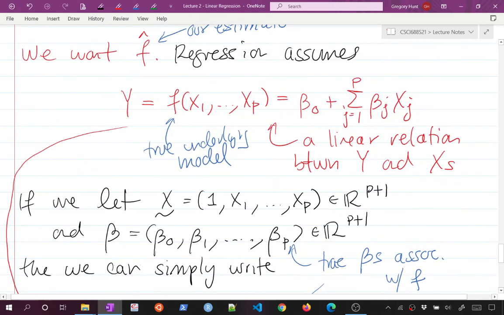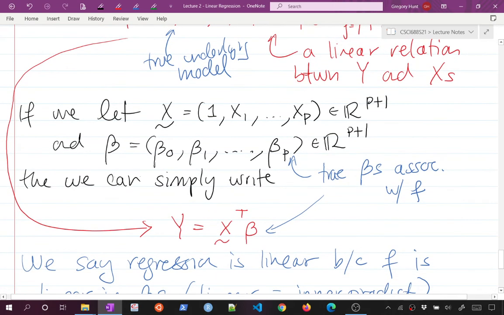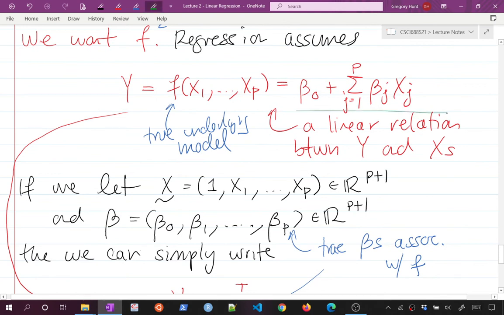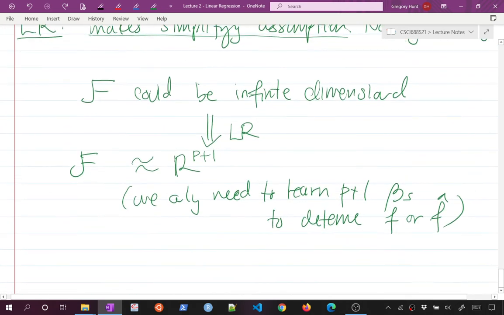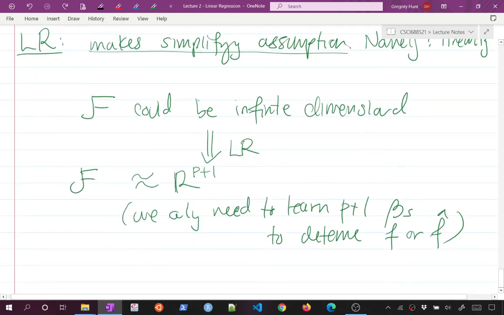In linear regression, the simplifying model that's going to make it tractable says f has a particular form here. And this particular form means that basically I only need to learn beta naught, beta 1, beta 2, up to beta p. I only need to learn p plus 1 coefficients, and then I know what my f or f hat is. And so it takes this intractably large, infinite dimensional problem, and reduces it down to a p plus 1 dimensional problem. We need to figure out what the betas are.